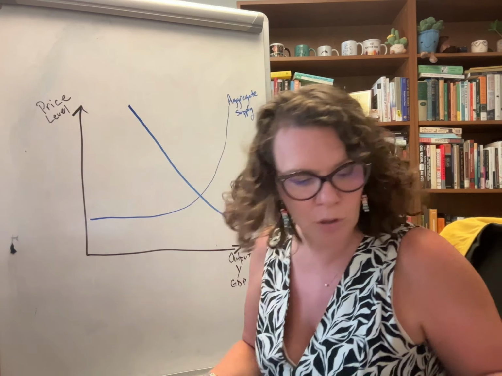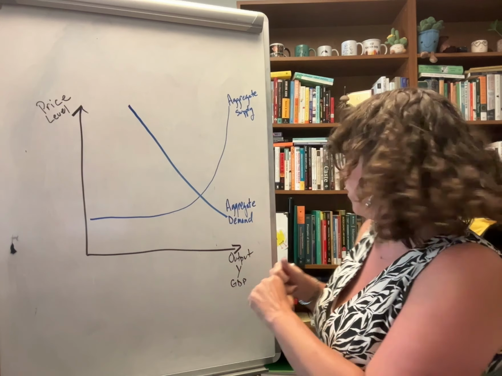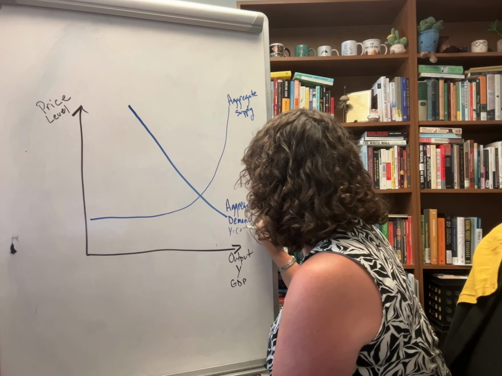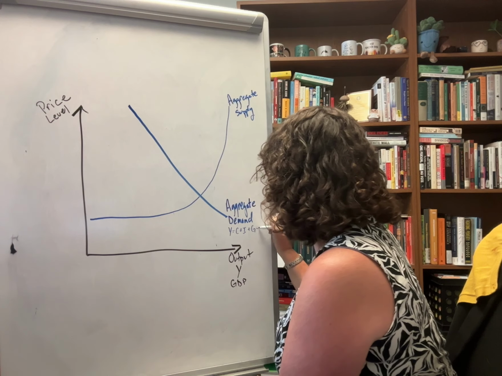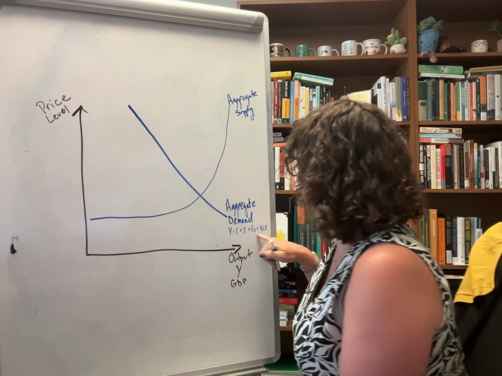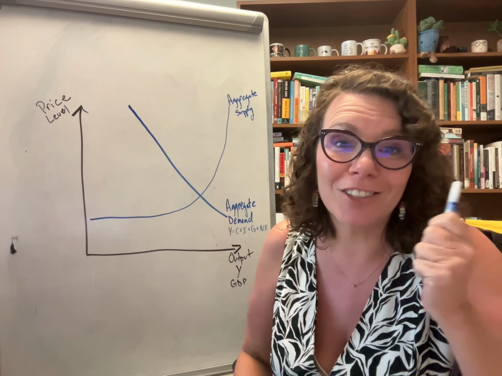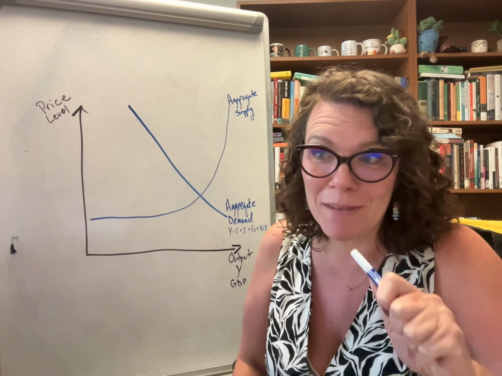So we can think about this being Y equals C plus I plus G plus NX. And that's going to be important because that's going to help us understand the factors that shift aggregate demand.